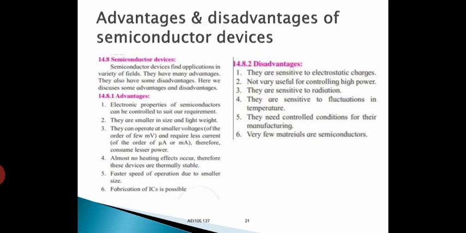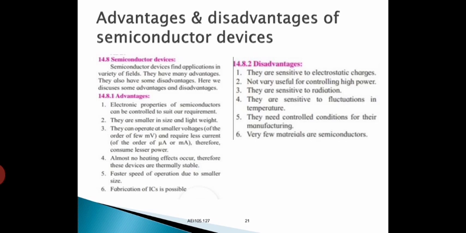Advantages and disadvantages of semiconductor devices. First we discuss advantages. First, electronic properties of semiconductors can be controlled to suit our requirements. Second, they are smaller in size and light in weight.